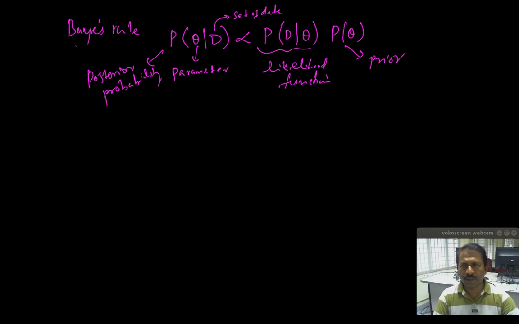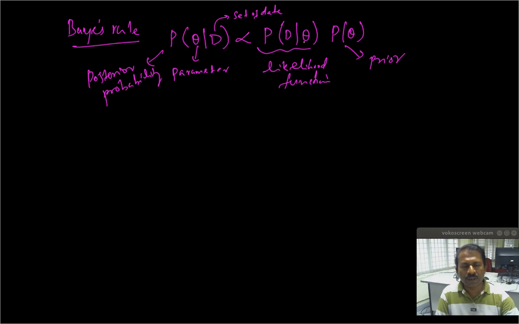So the Bayesian approach gives you a method to update the likelihood function with the prior knowledge. This is very important. In the case of MLE, maximum likelihood estimate, we were trying to compute this likelihood function, right?